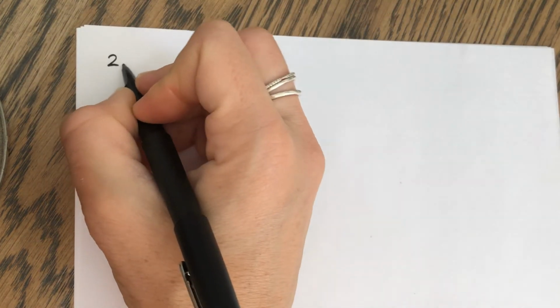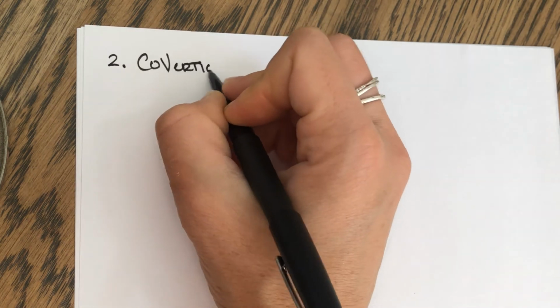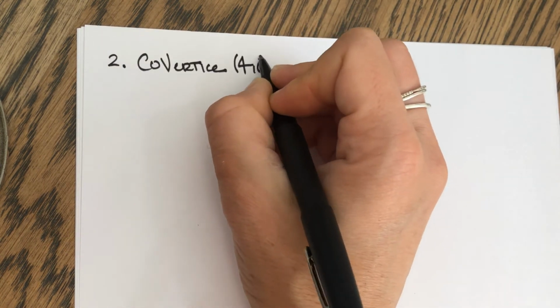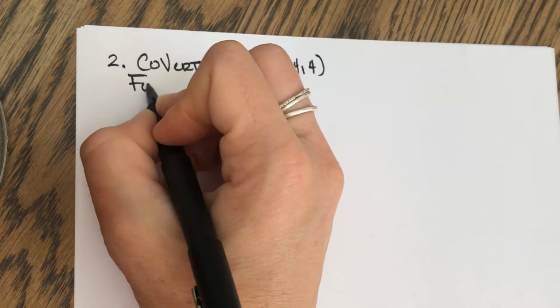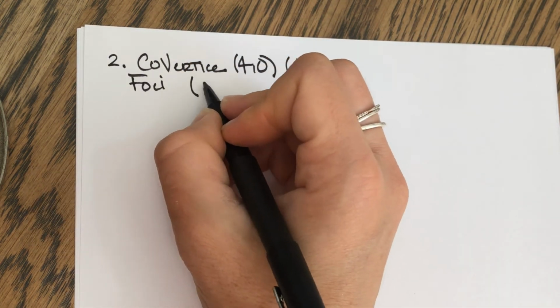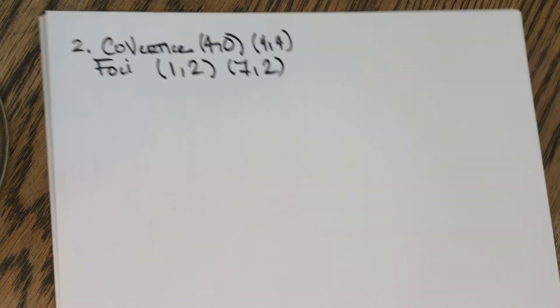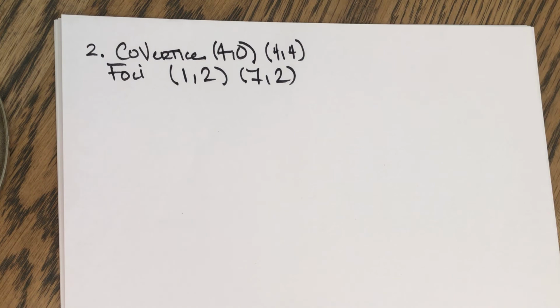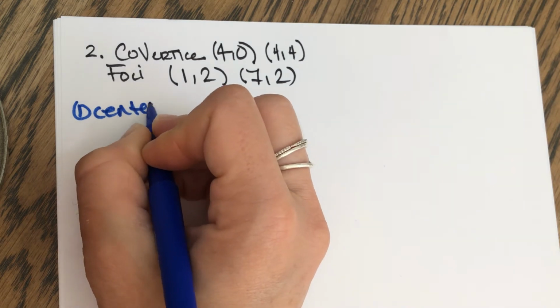Okay, so next one, I'm going to give you a covertex or covertices are at 4, 0, 4, 4, foci, 1, 2, 7, 2. Okay, so if you looked at your steps, let's just review. Our first step is to find our center.